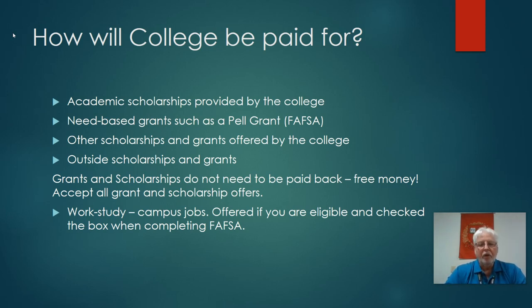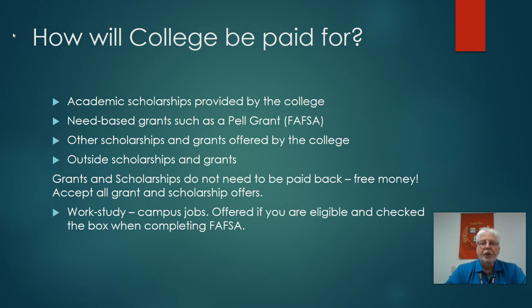Now, how are you going to pay for all of that? Well, here's some ways. Academic scholarships provided by the college. Typically, that might vary depending on your grade point average. I've seen as low as maybe $2,000 if you get any, or $10,000 to $12,000 a year just on academic scholarships for really great grades.